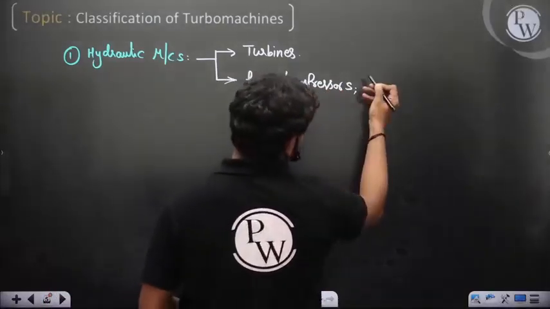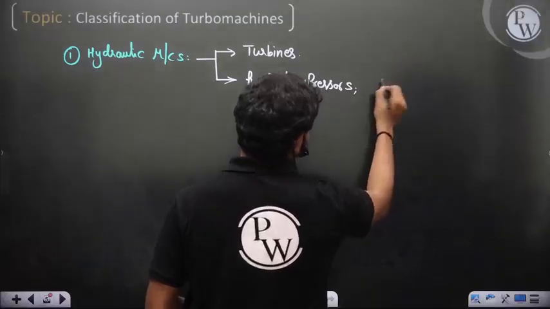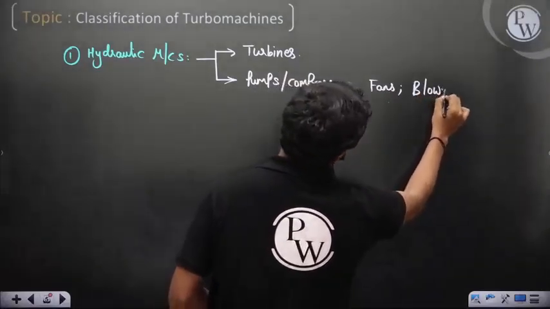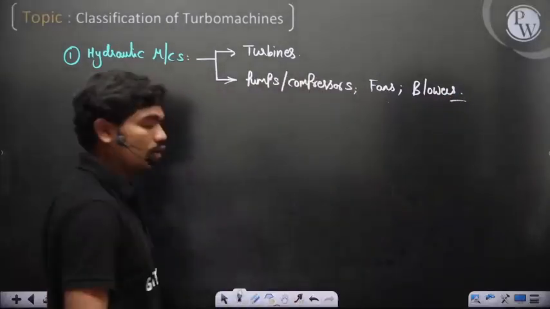So pumps, compressors, then उसके बाद like fans, blowers, you have a lot of stuff like this.